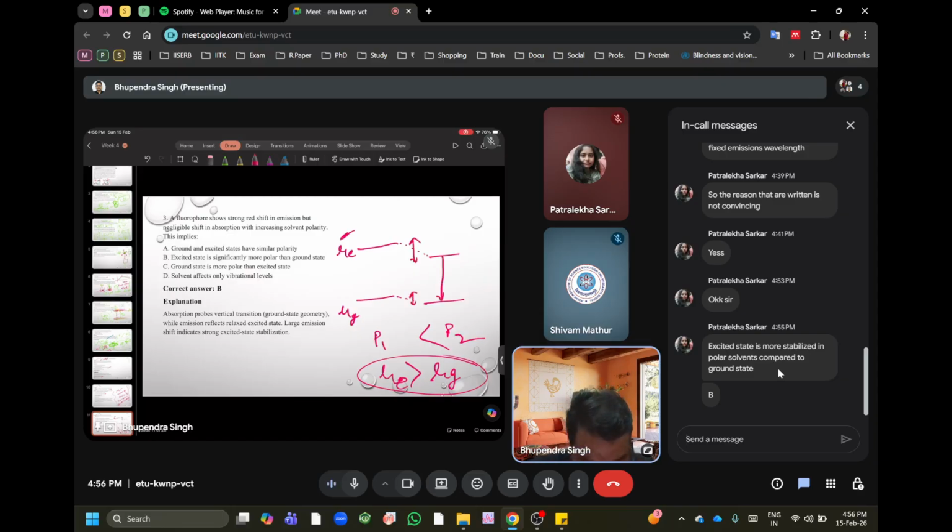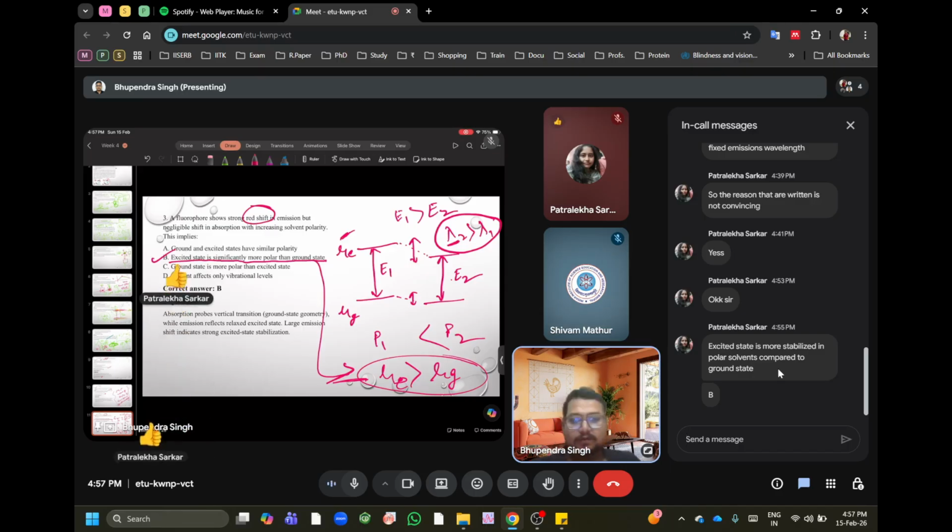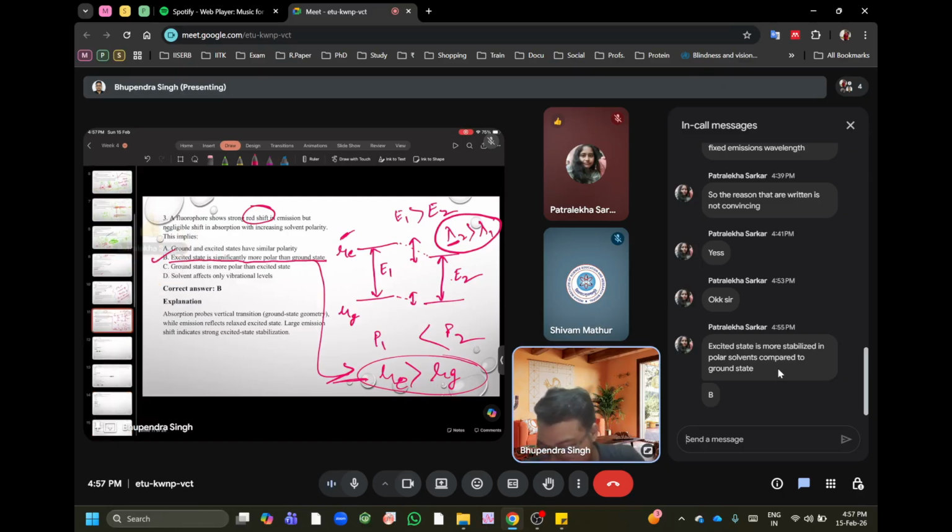Hence the energy difference E1 will be higher than E2, hence lambda 2 will be higher than lambda 1, hence this is redshift, which is what is given here. So the excited state is significantly more polar than the ground state. Option is B. Is it okay? Okay, you got it. Moving on to the next question.